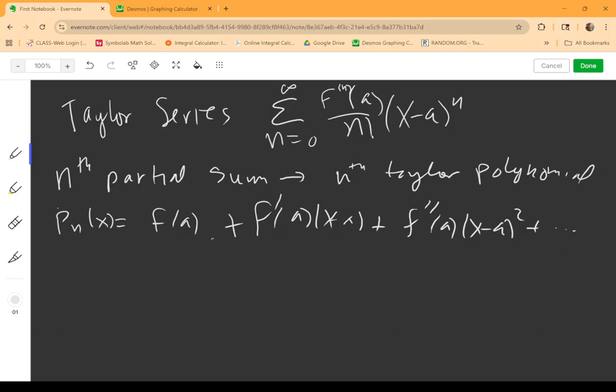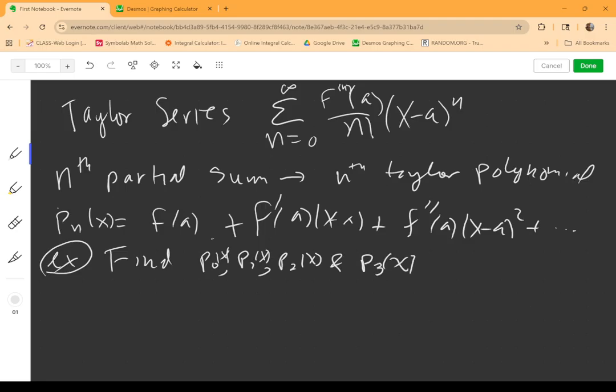We'll start off with an example. Let's say I want to find P0 of x, P1 of x, P2 of x, and P3 of x for f of x equals 1 over x squared at the value x equals 1.